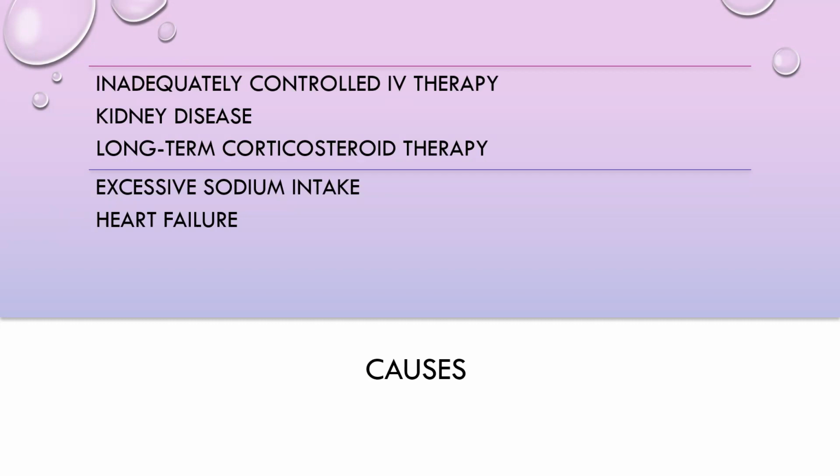So you can hear how, with hypotonic overhydration, they're using hypotonic fluids. They're trying to replace using hypotonic fluids. And that is how hypotonic overhydration occurs. All righty, let's move on.